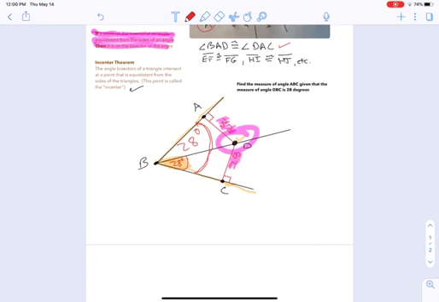And so we can say that the measure of angle ABC equals 28 plus 28, which is 56 degrees. Have fun with this lesson.